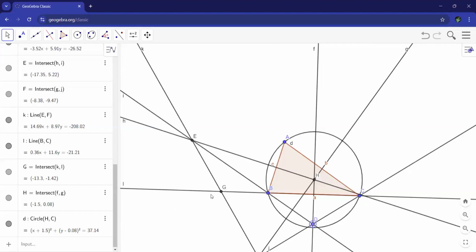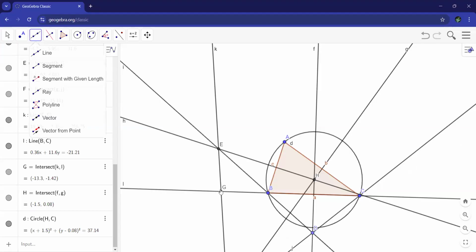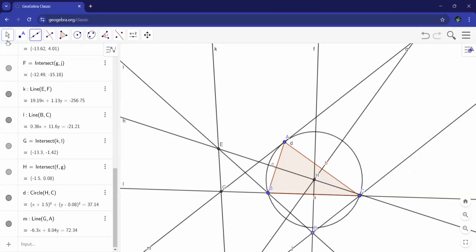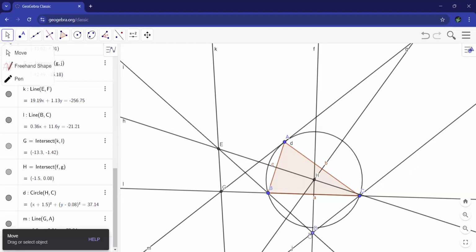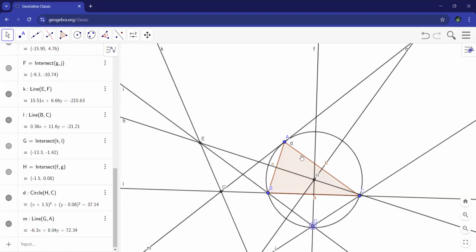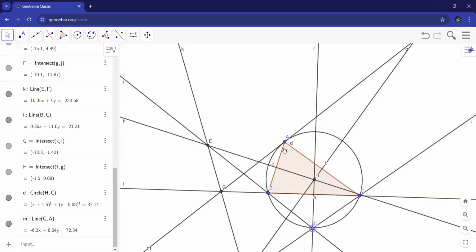But if I just join G to A, then as you can see, GA seems to be tangent to the circumcircle.